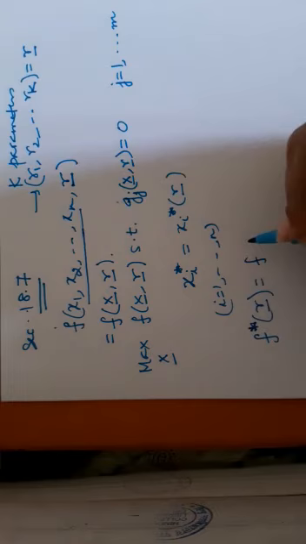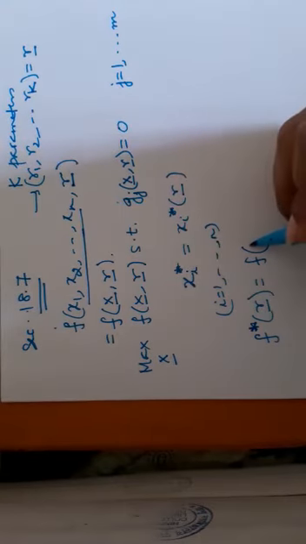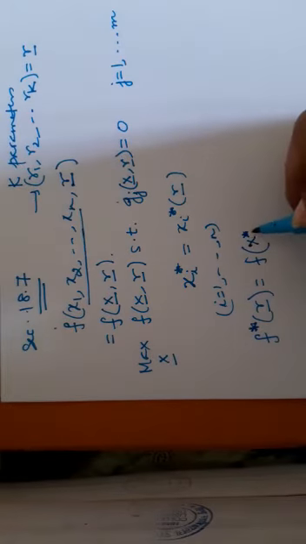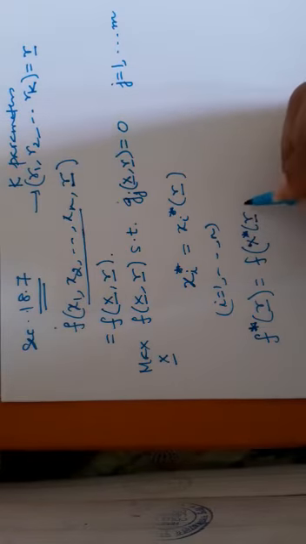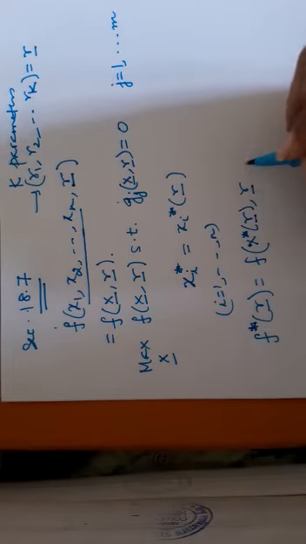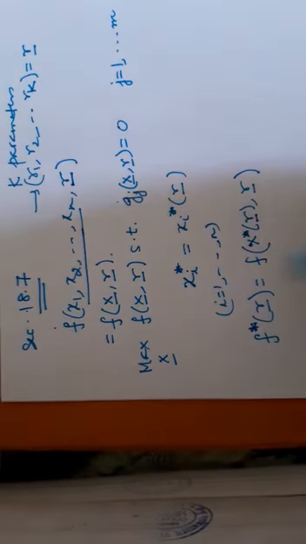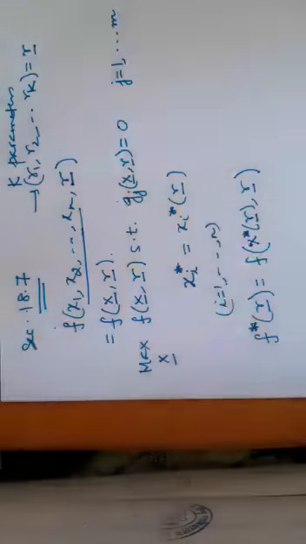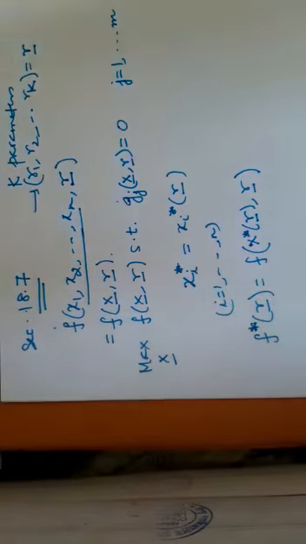Because in the function f you are substituting, instead of the x's, the points at the optimum, x star, which is also a function of r, and the parameters are already in there. So overall your optimal value function is also going to be a function of the vector of parameters.